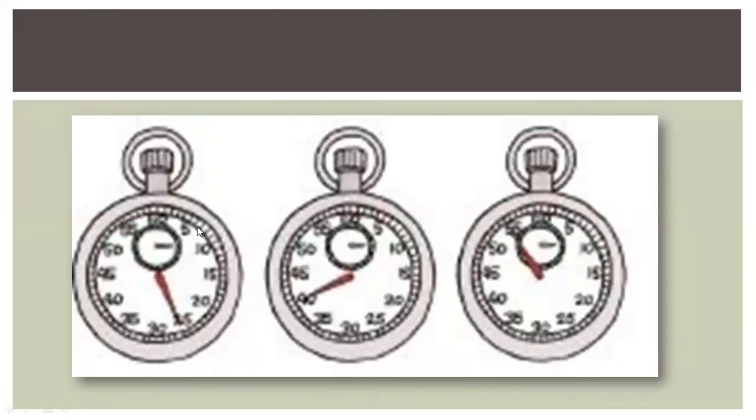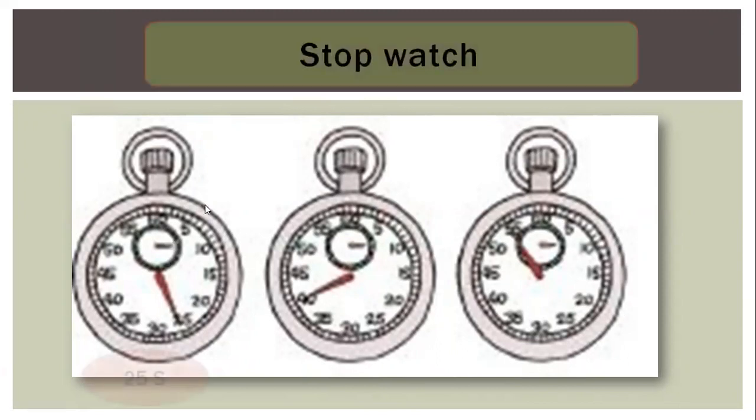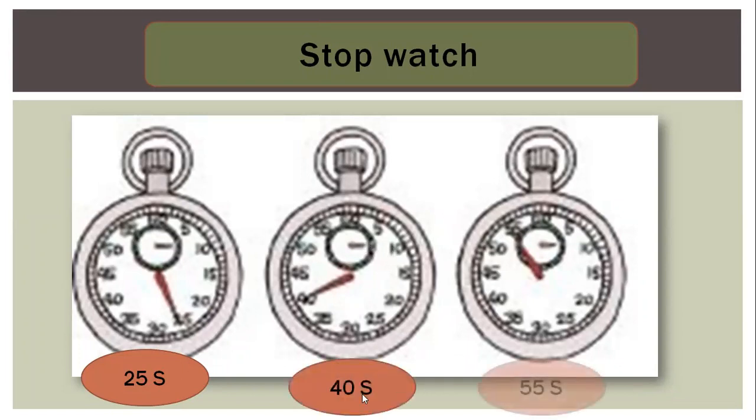Number 1, 5, 10, 15, 20, 25. So what is the time on the first watch, boys? 25 seconds. On the second watch, we have 40 seconds. And in the last, we have 55 seconds. It is on 55.